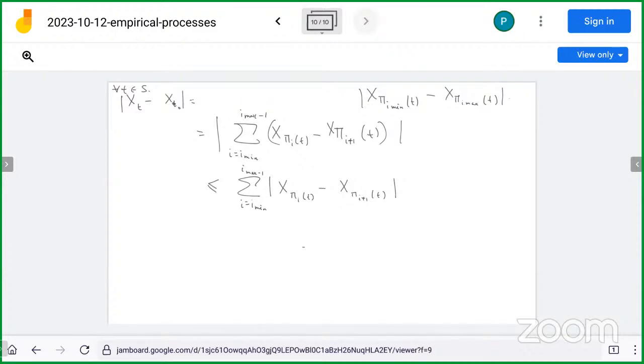For any fixed t, how many different pairs pi_i(t), pi_{i+1}(t) can there be?